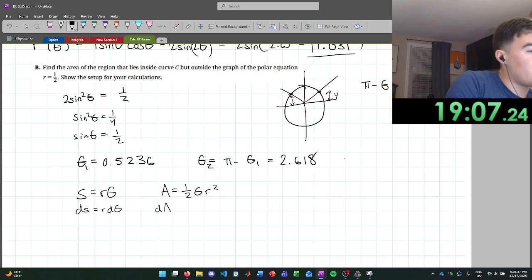So d area is equal to theta r dr. No, wait, 1/2 r d theta. Something comes down though, doesn't it?